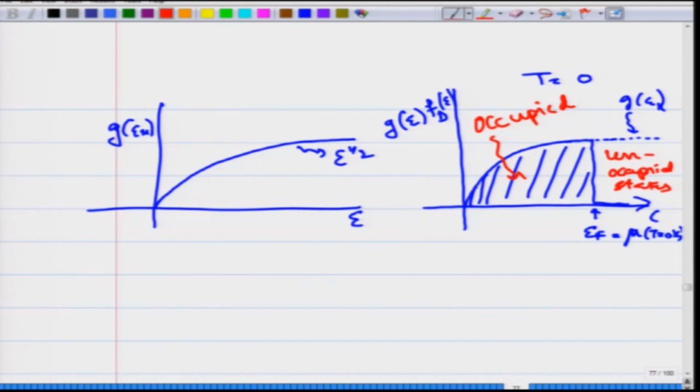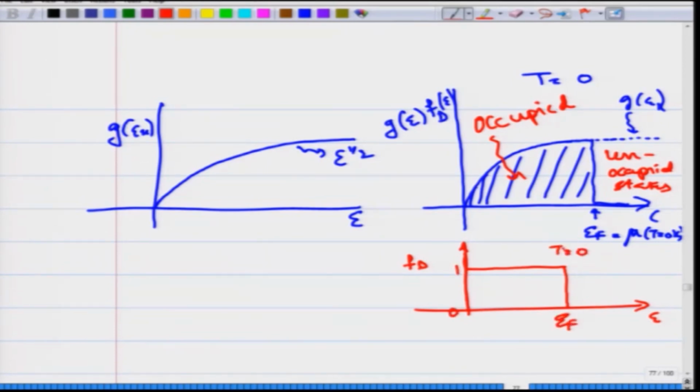And the reason why this happens is because, if you recall, you are taking a product of this function, which is proportional to E raised to half, with the Fermi Dirac distribution as a function of energy. At T equal to 0, this goes from a value 1 to 0 at EF. So, if you take the product of these two functions, you land up with this function, which gives you the density of occupied states.